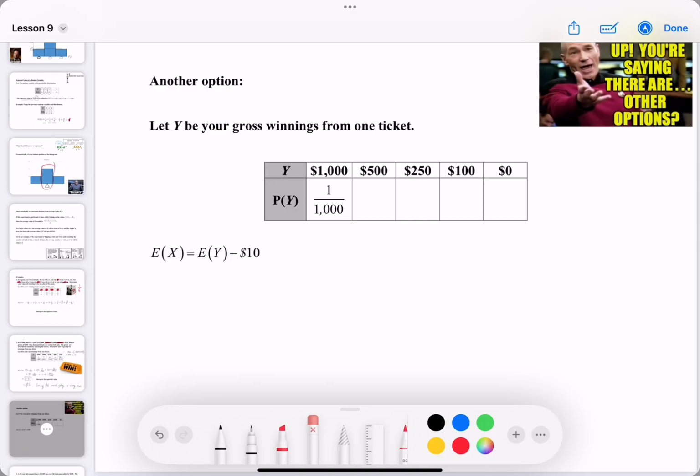And 2 tickets out of 1,000 have $500. And 4 tickets have the $250 prize, and 10 have $100, so 10 out of 1,000. And the rest of the tickets have no money, so 983 out of 1,000.